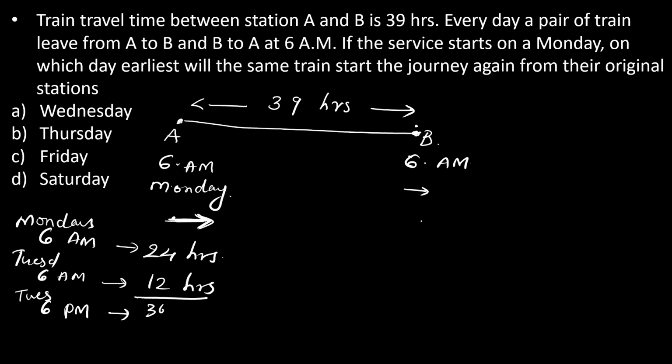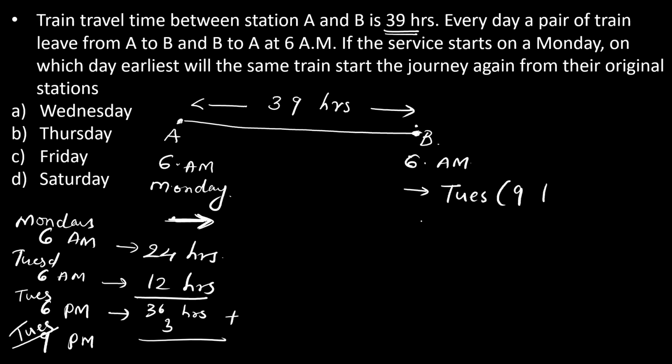That is 36 hours. Now there are 3 more hours left to reach the station, that is plus 3 hours. That means 6 plus 3, that is 9 p.m. On Tuesday it will reach station B. Okay, it will reach station B at Tuesday 9 p.m.